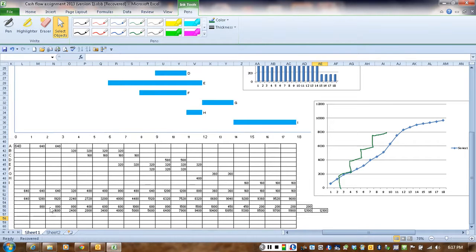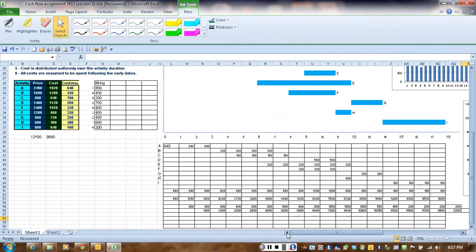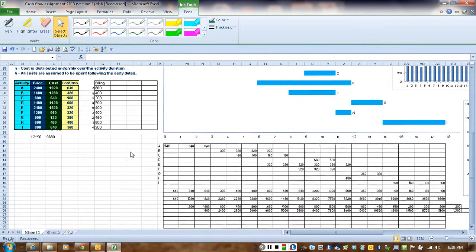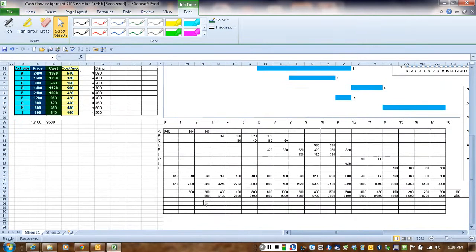So basically, to calculate the cash flow here, but wait a second, we said here that this is the billing, but what are the receivables? We have here that there's a 10% retainage, so you are gonna bill the owner based on the price, but the owner is gonna give you only 90% of that because they're gonna hold 10% until the end of the warranty period. So what your receivables are gonna be is basically 90% of that.